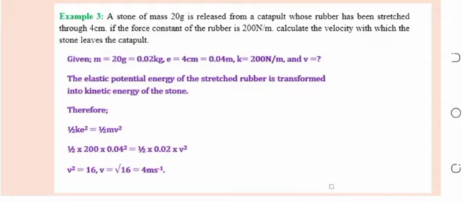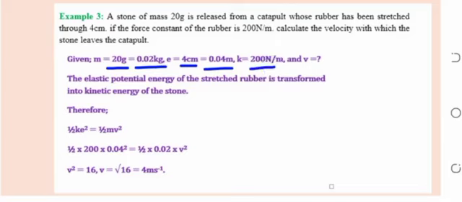From this question, the given parameters are: mass of the stone is 20 gram, which is equal to 0.02 kilogram, that is, we divided it by 1000. We have our extension to be 4 centimeter, which is equal to 0.04 meter, that is, we divided it by 100. We have our force constant to be 200 Newton per meter.